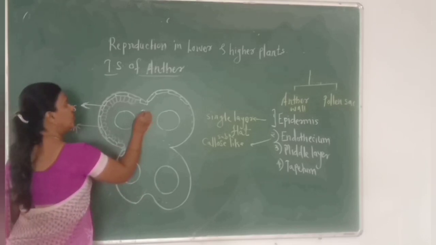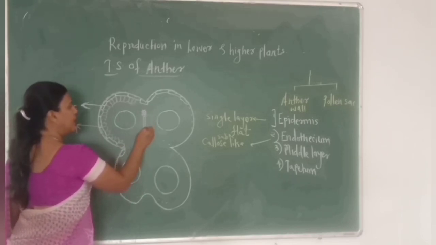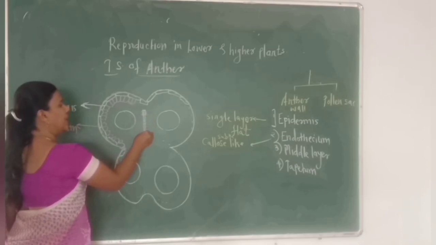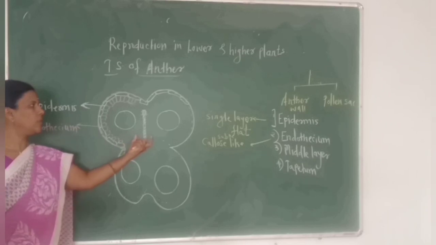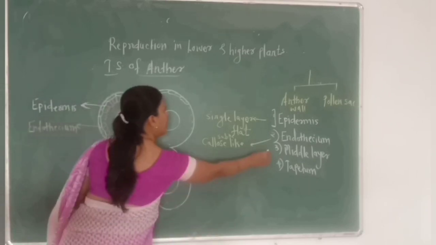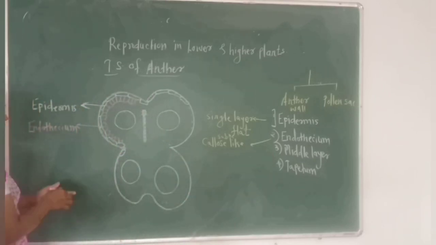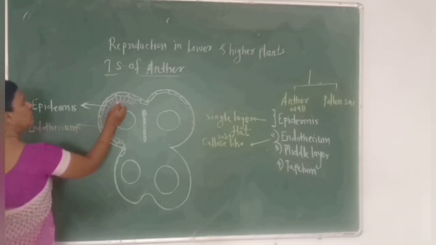Here we also draw this part, the connective, which is the sterile connective tissue that connects both the anther lobes. Then the third layer is the middle layer. It lies just below the endothecium.